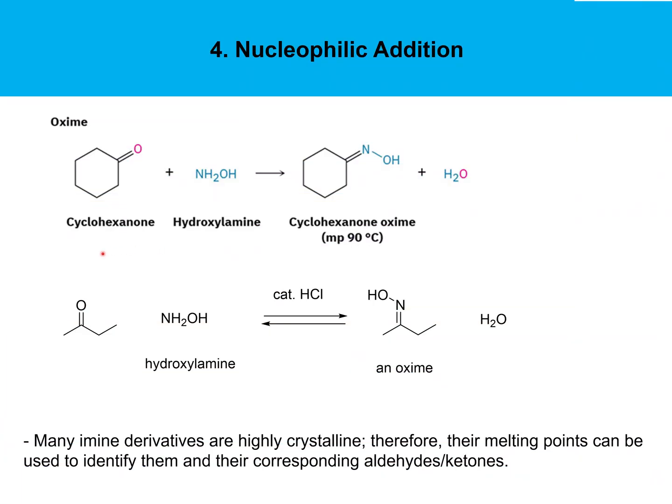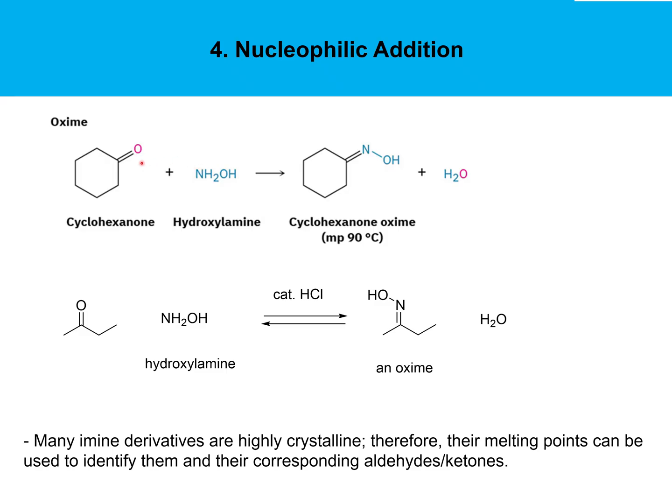A couple more examples of imine derivatives. So cyclohexanone, when mixed with hydroxylamine, which is NH2 bonded to an OH, will form an oxime. An oxime is another example of an imine derivative. So in the case of hydroxylamine, note that the nitrogen is more nucleophilic than the oxygen.